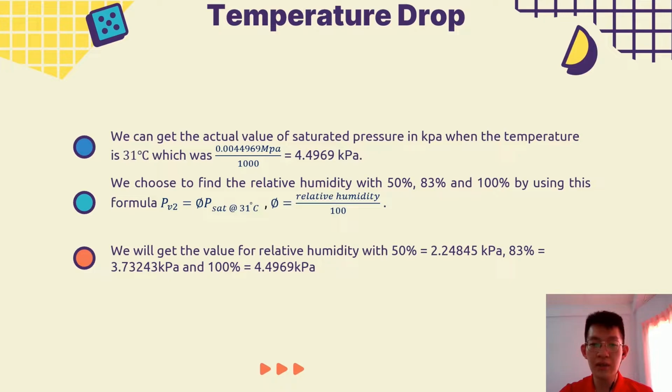The relative humidity in the formula should be divided by 100, and we get the pressure value for relative humidity of 50% equal to 2.24845 kilopascal, 83% equal to 3.73243 kilopascal, and 100% equal to 4.4969 kilopascal.